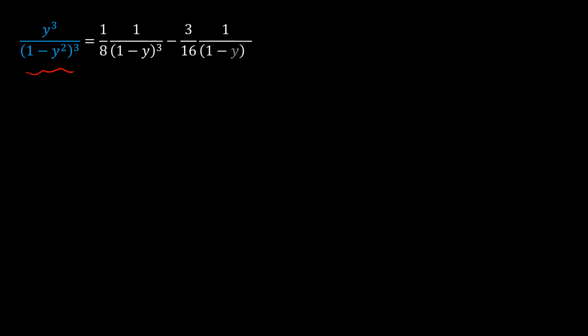Now let's continue. Now that we have finally gotten what this blue expression is: 1 over 8 times 1 over 1 minus y cubed, minus 3 over 16 times 1 over 1 minus y squared, plus 3 over 16 times 1 over 1 plus y squared, minus 1 over 8 times 1 over 1 plus y cubed.